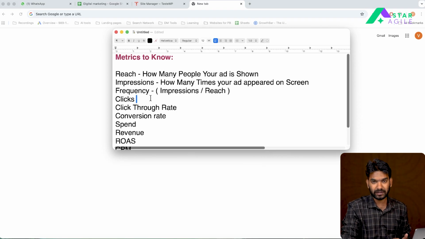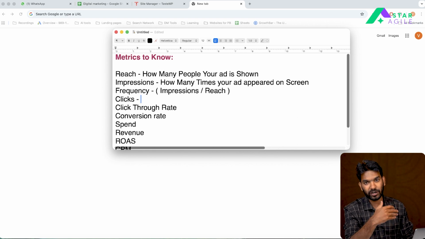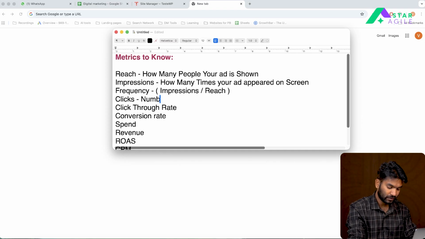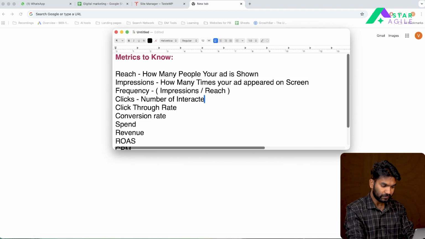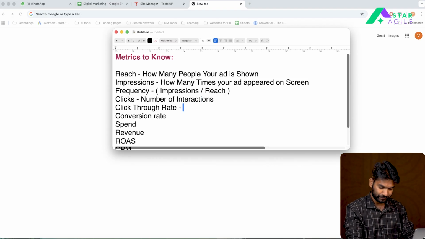Now, clicks. How many people clicked on your ad after they got the impression? How many people interacted with your CTA button? That is the number of interactions on your ad. Now what is click-through rate?